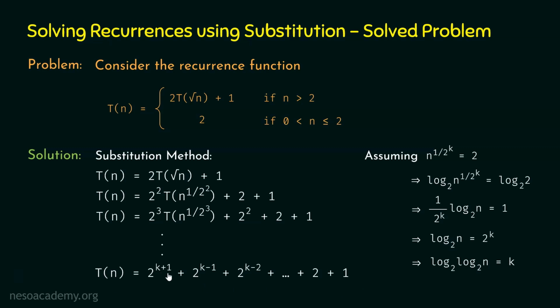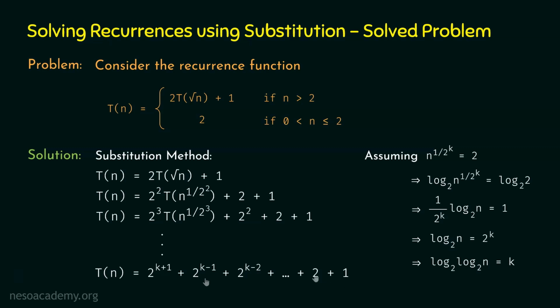2 power k plus 1 plus 2 power k minus 1 plus 2 power k minus 2 and so on up to 2 power 1 plus 2 power 0. Now, let's forget about the first term for a while. Let's focus on the remaining part of the right hand side. Here we have 2 power k minus 1 plus 2 power k minus 2 and so on up to 2 power 1 plus 2 power 0.